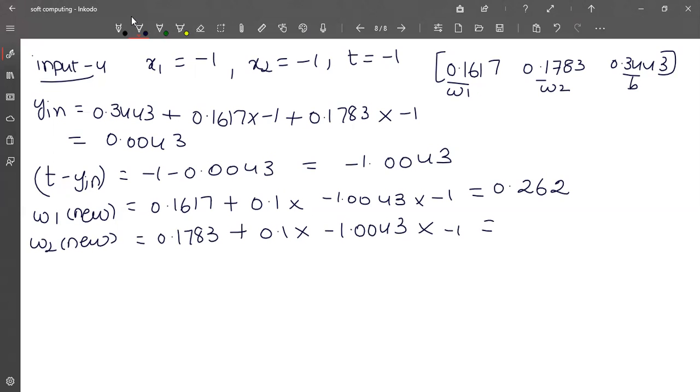So this will become 0.1783 plus 0.10043. So 0.278.